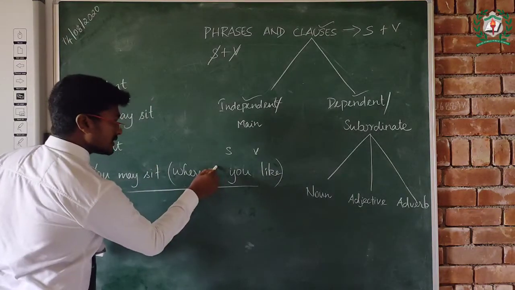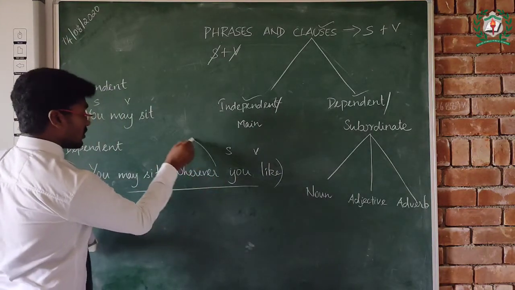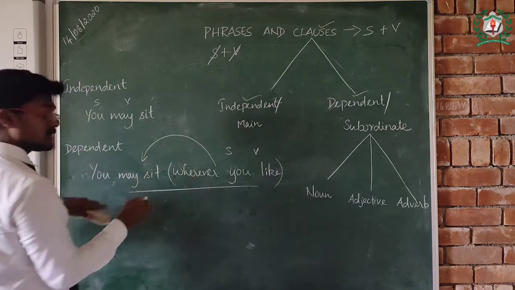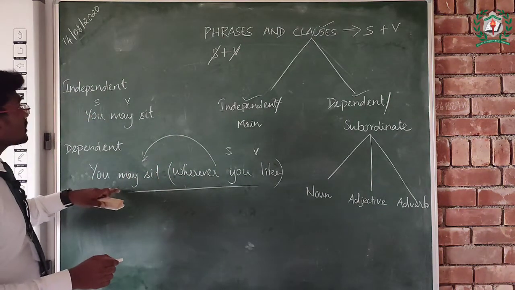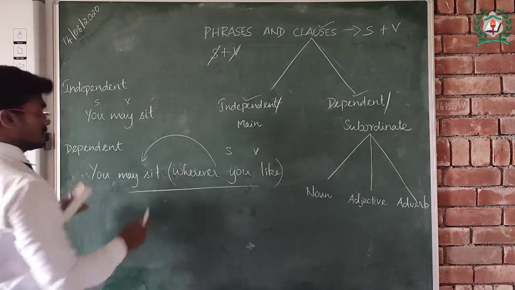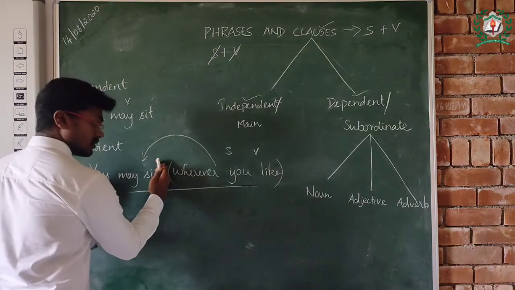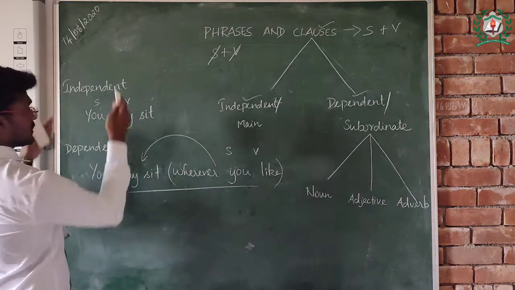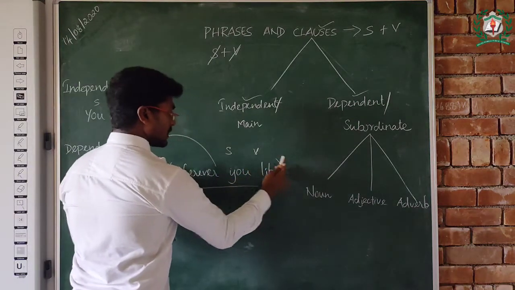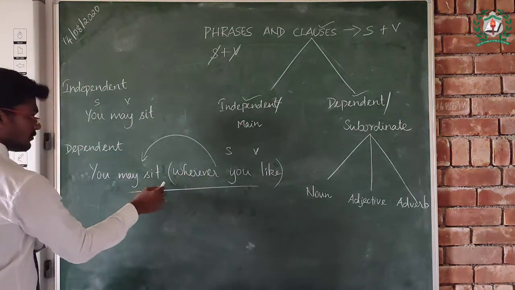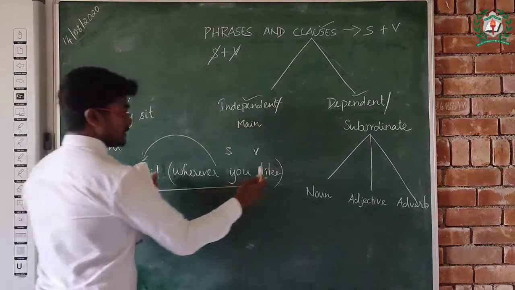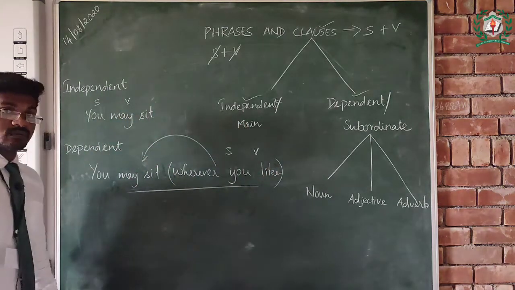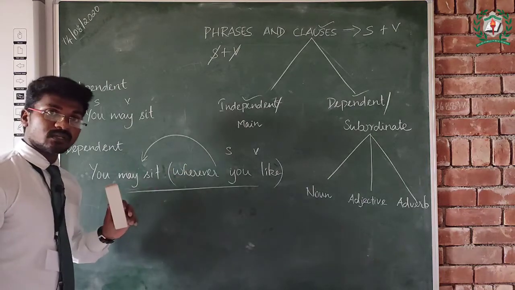This subordinate clause is dependent upon the main clause. "You may sit," even if it stands alone, gives the meaning, so it is said to be independent. And "wherever you like" is a subordinate clause, because without the main clause, it cannot stand alone.